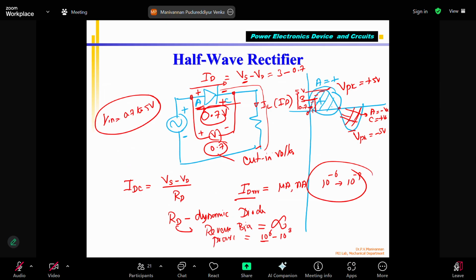So if I apply this formula, for a practical diode it is not infinity. For example, I take 10 power 6 ohms. What is the supply voltage I am giving?